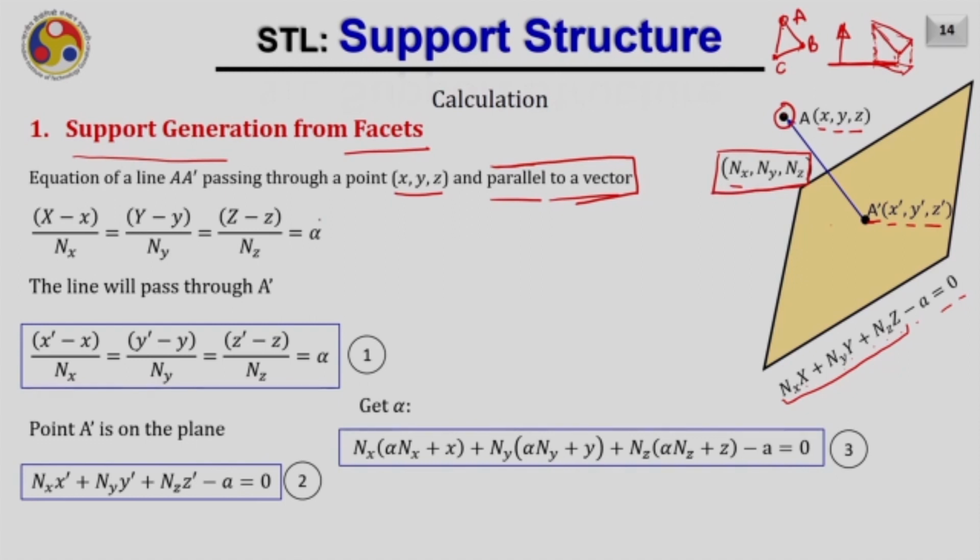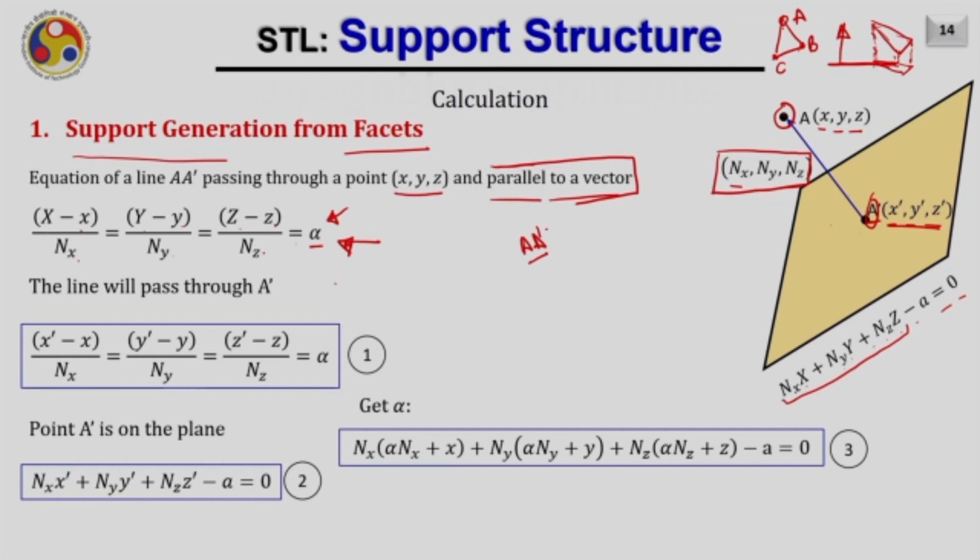Hence, I can write the equation of a line in 3D, you already know that, like this: x minus x by nx, y minus y by ny, z minus z by nz equals to alpha. It is a constant. Now, the line AA dash will also pass through the point A dash, as point A dash lies on this line. Therefore, the point x dash, y dash and z dash should satisfy this equation.